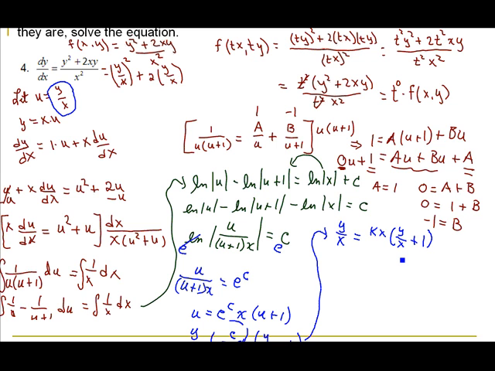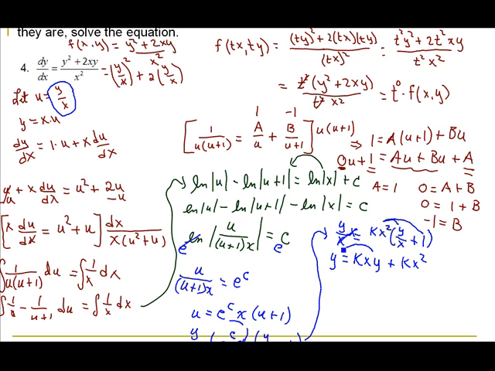My goal is to see if I can solve for y. And so I'm going to start by multiplying through by x to get rid of this x in the denominator. That's going to give me an x squared here. It'll leave me with the y by itself on the left side. And then when I distribute through by the kx squared, I'm going to get kxy, one of these x's will cancel, plus kx squared.